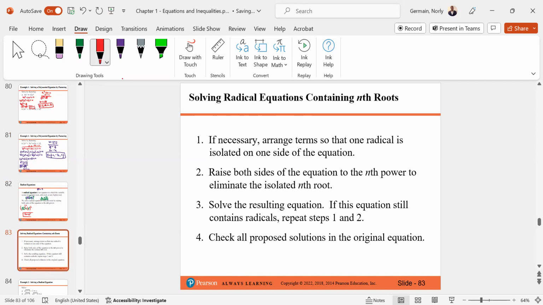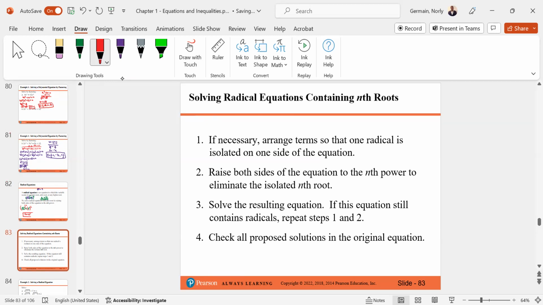If necessary, arrange the equation so that the radical is isolated on one side. Raise both sides of the equation to the nth power to eliminate the isolated nth root, and solve the resulting equation. If this equation still contains radicals, we need to raise to a power again until we get rid of all the radicals.